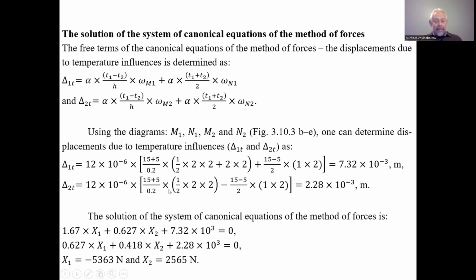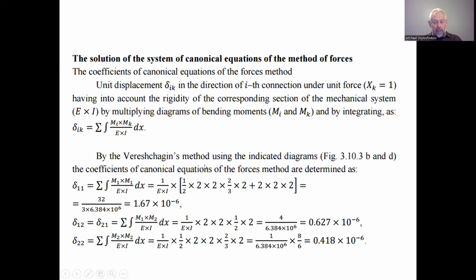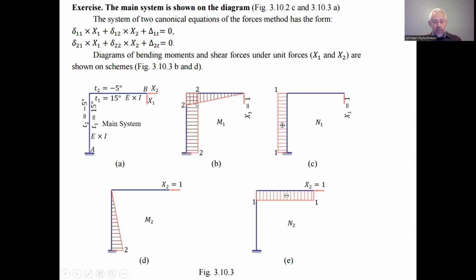And in the next brackets we have the total of the areas of the bending moment diagram and the action of the unit force applied in the force direction, and these areas are 2 by 2 divided by 2, which is the area of the triangle, and 2 by 2 by 2.